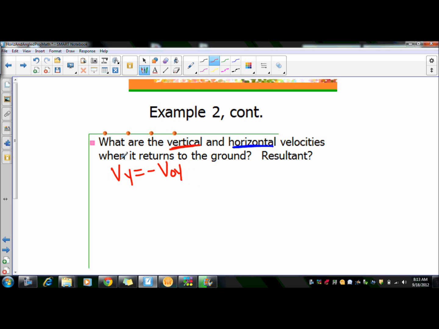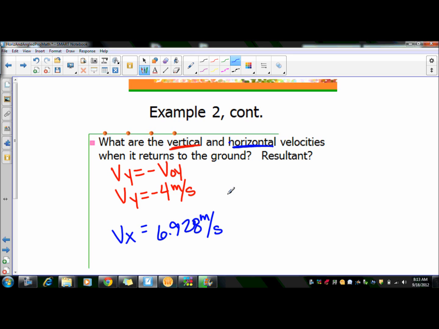So our initial V naught y was 4. So Vy is going to equal negative 4 meters per second. The horizontal is constant. It doesn't change. So the horizontal will still be 6.928 meters per second.